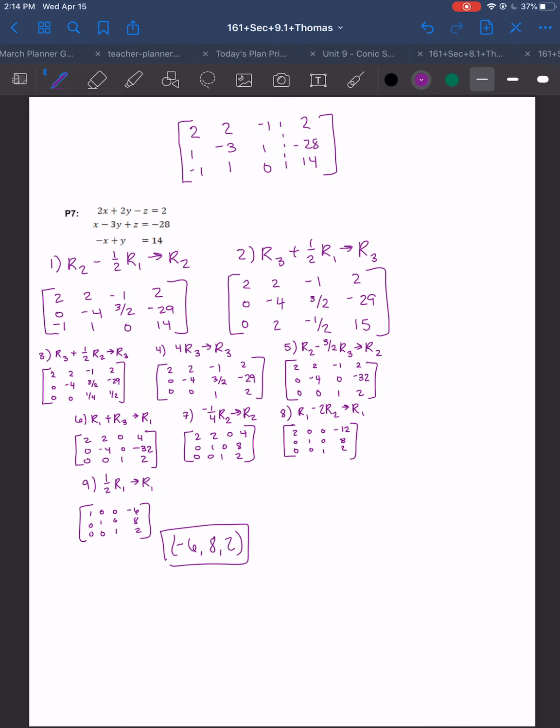And last but not least problem. I'm going to do it mostly above it just because it doesn't want to cooperate. So once again, our goal is the same, to get that 1, 0, 0, 0, 1, 0, 0, 0, 1, and then X, Y, and Z of some sort.